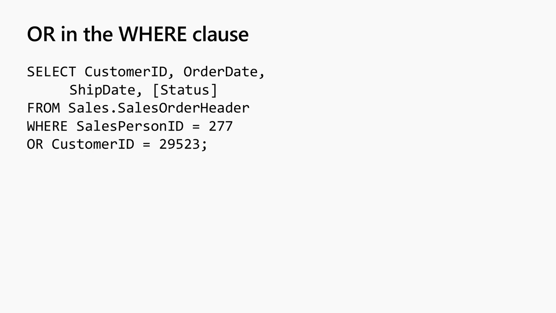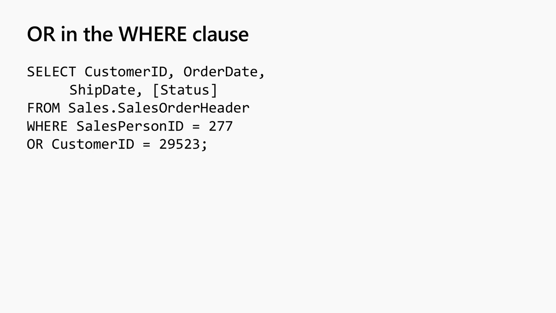Roll, roll. So, OR in the where clause. Now, this is another one that hurts sortability. If you look at an expression like the one you have right here, it's a little bit like trying to solve two queries in one, because I have two different predicates that are not necessarily related. So salesperson ID and customer ID.